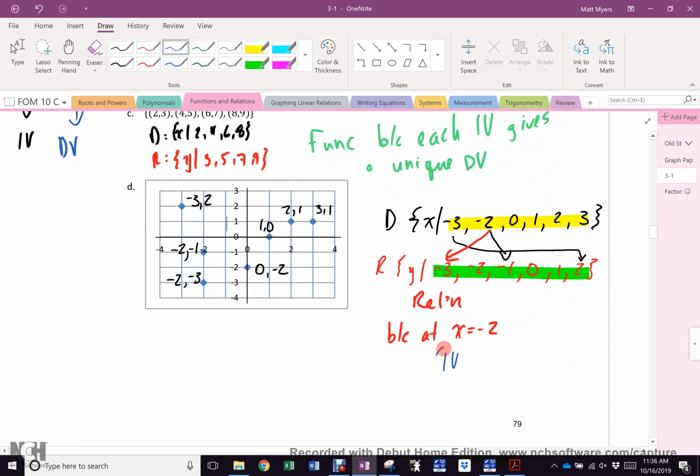Independent. It's the IV. There are multiple y values. And the y values are what? The DV. Everybody cool?